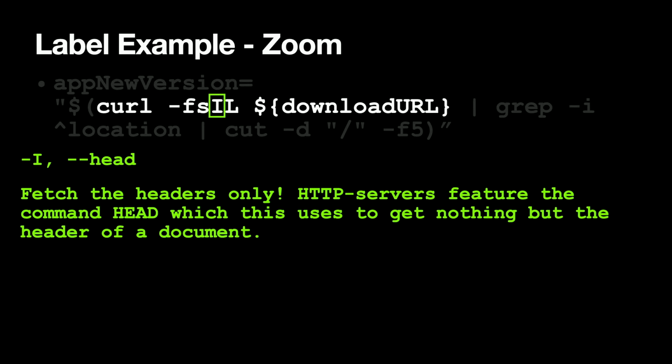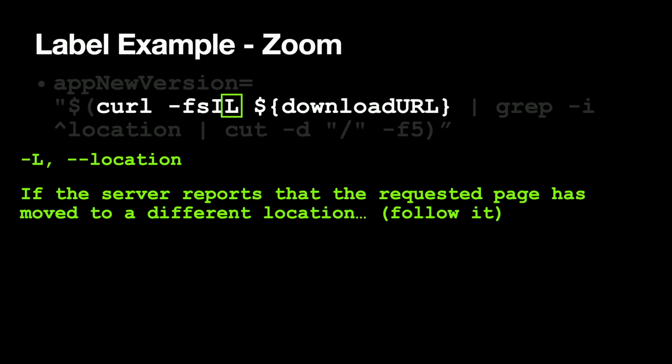So curl is a downloader. You can use it to actually download files, right? But in this case, we're asking just for the headers. We're asking for the metadata of the web page that we're providing it, not the actual content of the web page. And the L option right there is for location. I mentioned that we're following redirects.